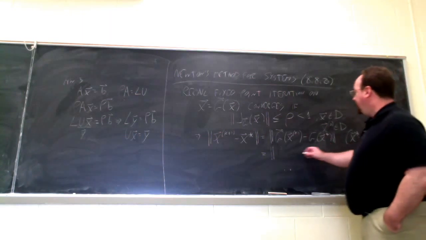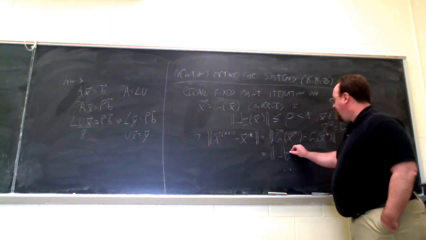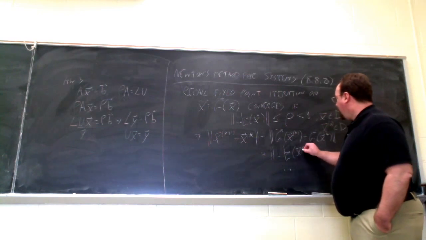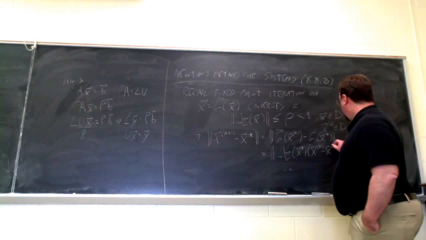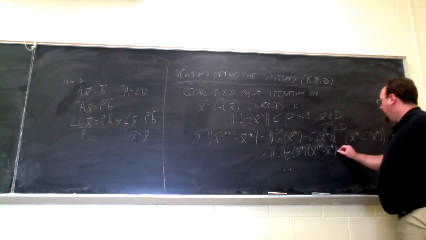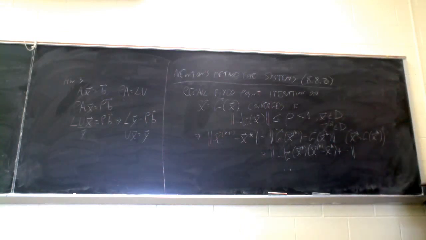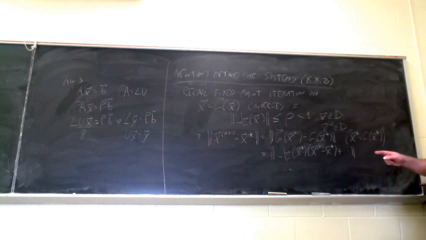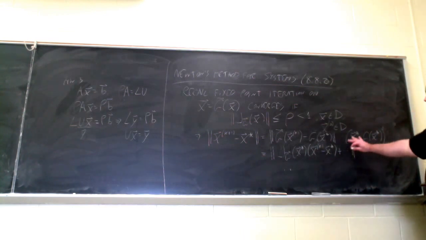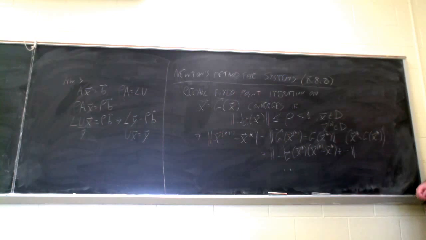This is equal to the Jacobian of g evaluated at x star, times x_k minus x star, plus lower order terms. This is matrix-vector multiplication, and then we have additional vector-valued terms.